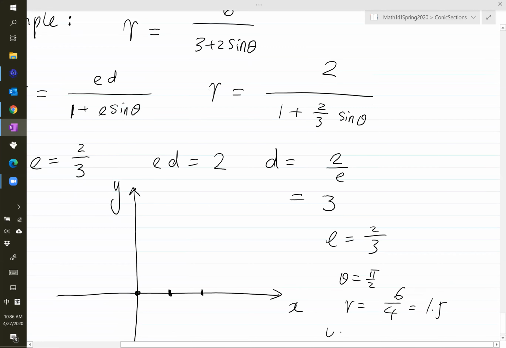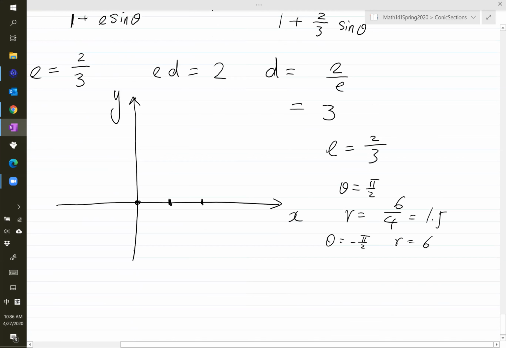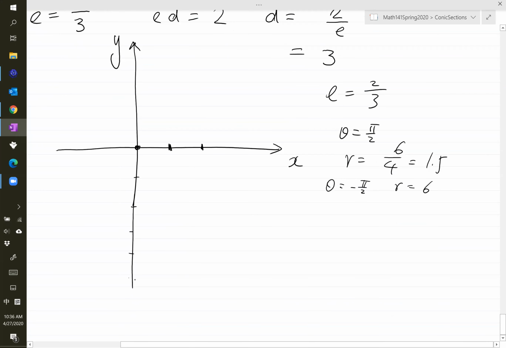When theta is negative pi over 2, sine theta is -1, so R is 6. On this side we get 6, and on this side we get 1.5.